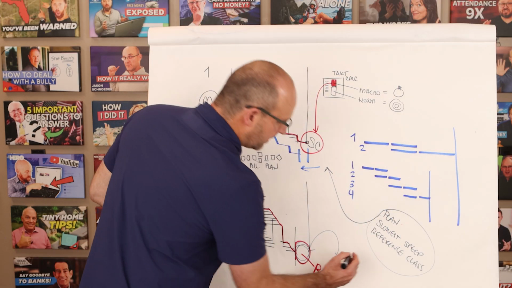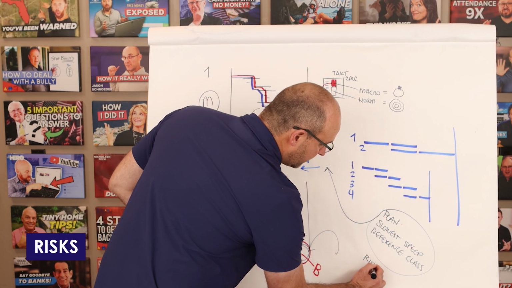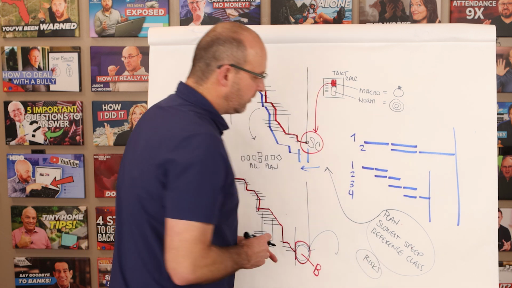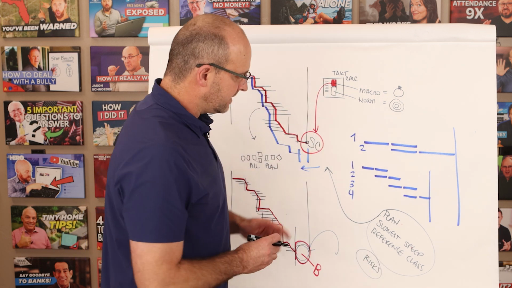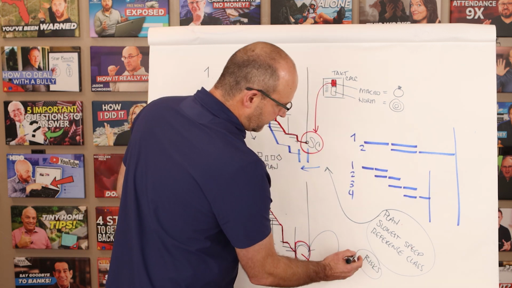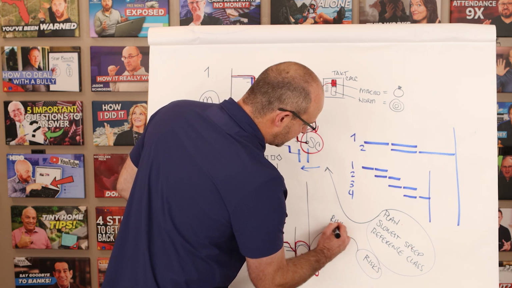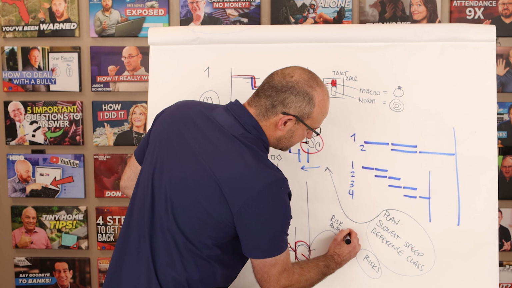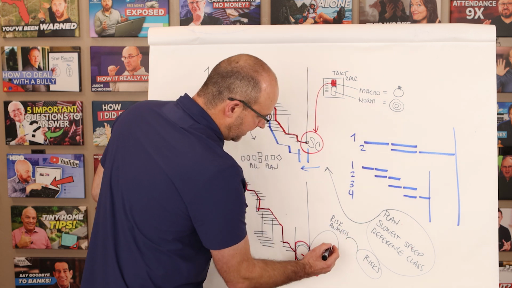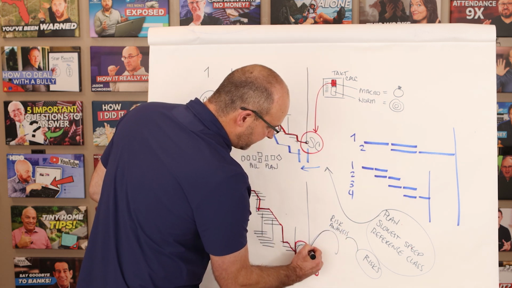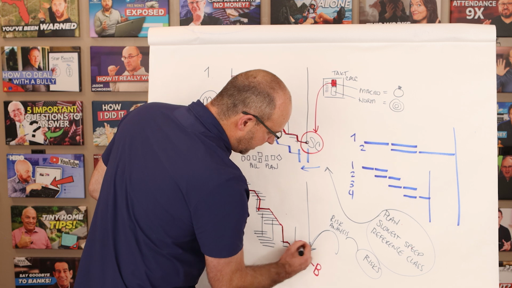But you have another one called risks. We want to make sure that your overall total project duration has enough time to overcome your risks. And so you do a risk analysis. Oh my gosh, this is so good. And once you do your risk analysis, you will know how many buffers you need to cover that.